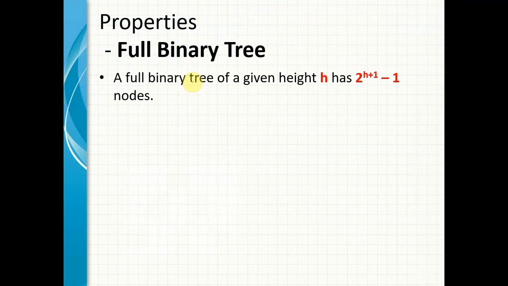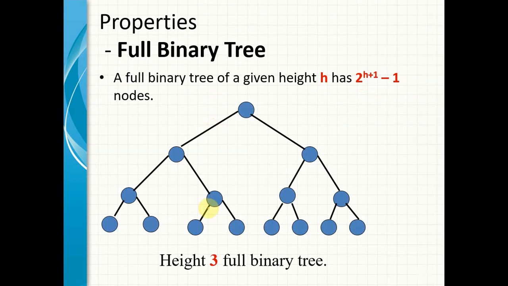What does that mean? A full binary tree of a given height h has 2 to the power h plus 1 minus 1 nodes. For example, for this one, the height is 3. As mentioned, we start from 0, not counting, then 1, 2, and 3.